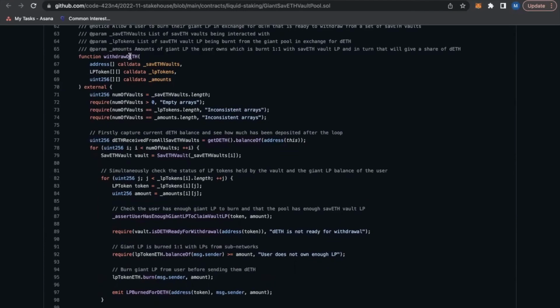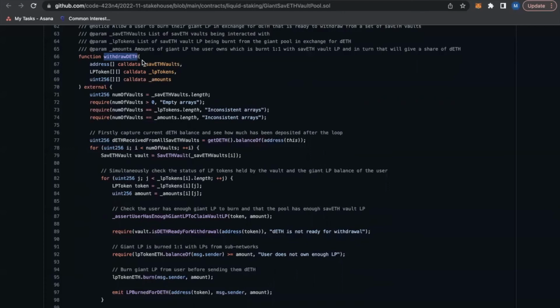This is the withdraw ETH function. This basically means that once your ethers are staked and the validator is activated and started minting derivatives, after a few times you want to burn your LP tokens and in return get back the profits that you made along with the investment. So you'll get back DETH here.